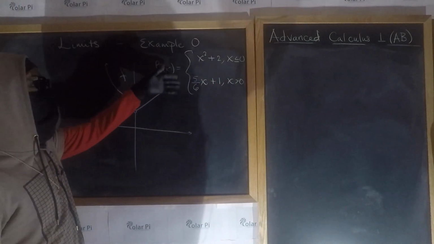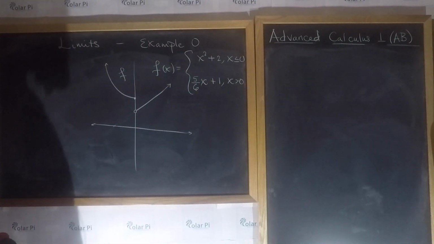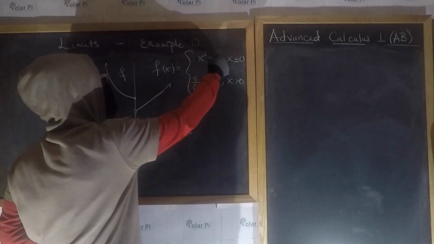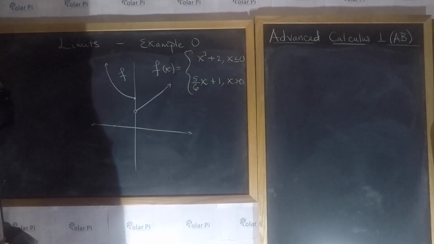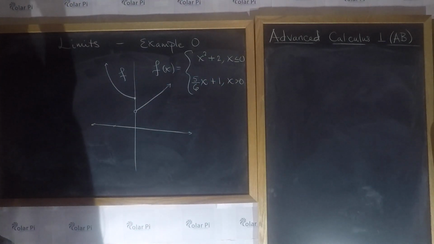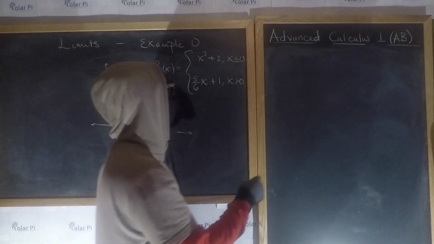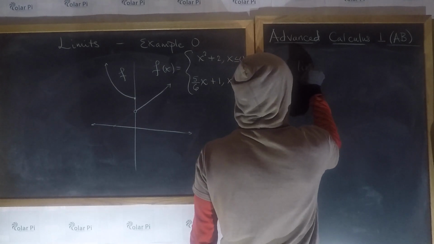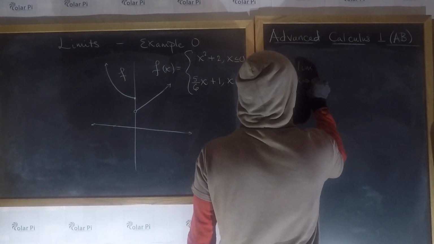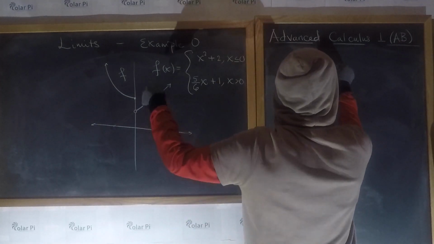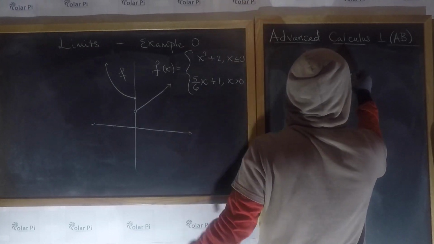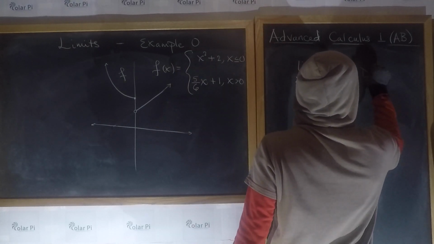So the only place we're concerned about f not having a limit is where this jump happens, which is at x equals 0, right? And so here we will say conclusively that the limit as x goes to 0 of this function f of x does not exist.